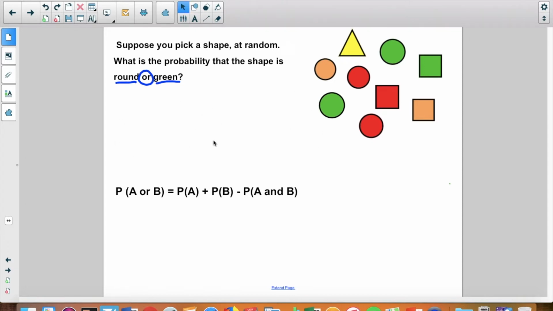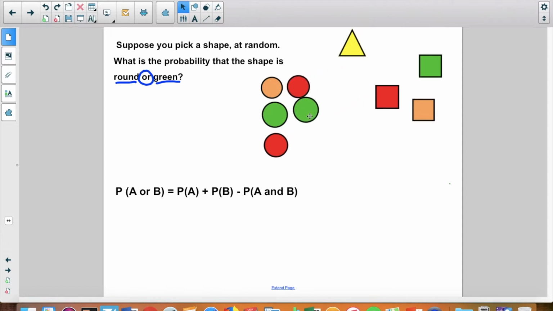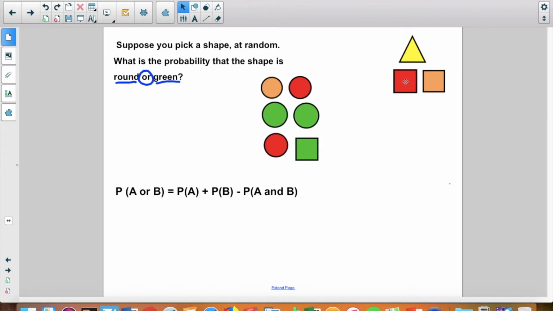So we want a shape that's round or green. So this shape is round, this is round, this is round, this is round, and this is round. Now we also want a shape that could be green. The only shape here that's green is this one there. Okay? Notice we're not looking for which is round and green, we're looking for round or green.